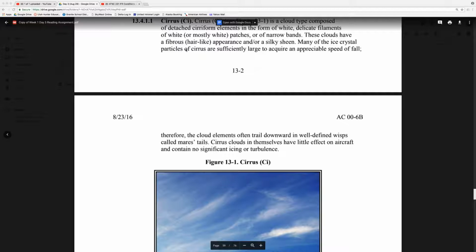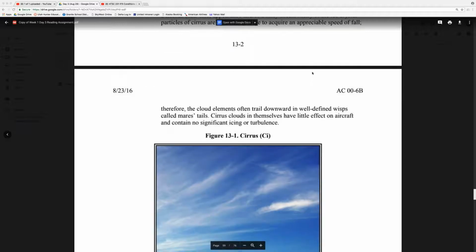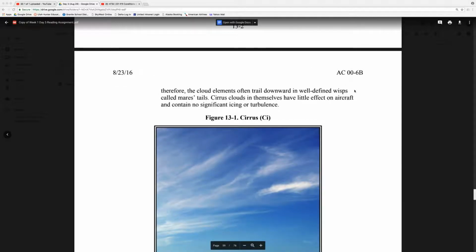Many of the ice crystal particles of the cirrus are sufficiently large to acquire an appreciable speed of fall. Therefore, the cloud elements often trail downward into well-defined wisps called mare's tails. So they have very little effect on aircraft and no significant icing or turbulence.